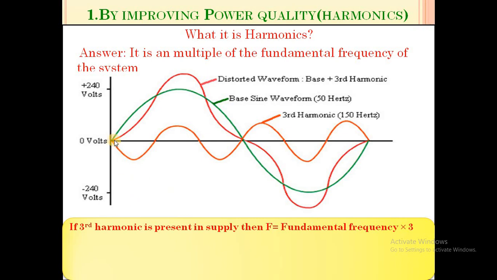What will happen? In a single green sine wave there are again 3 sine waves because of the presence of third harmonics. This is the first cycle of the third harmonic, second cycle, and third cycle. So when third harmonic is present in the supply, then in a single green fundamental sine wave there will be 3 sine waves.